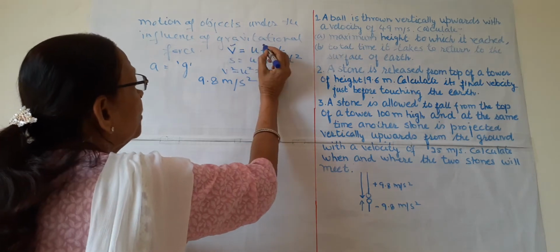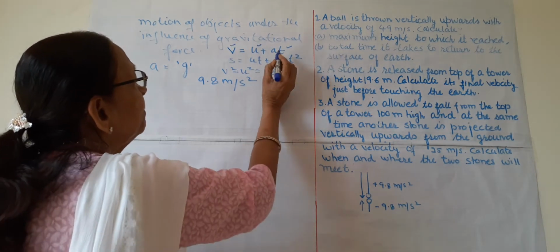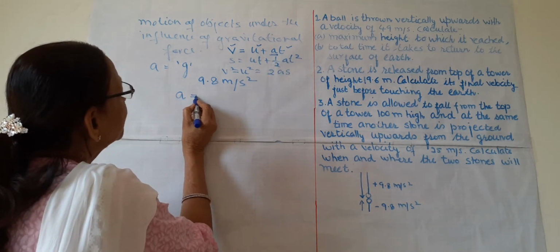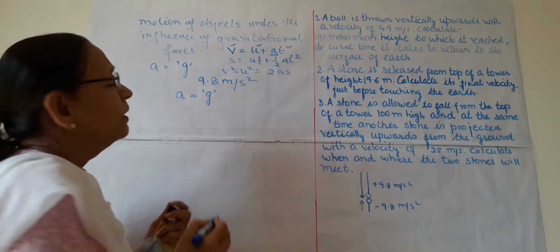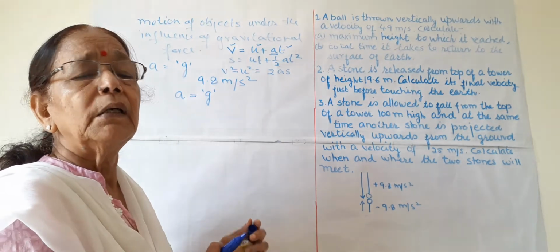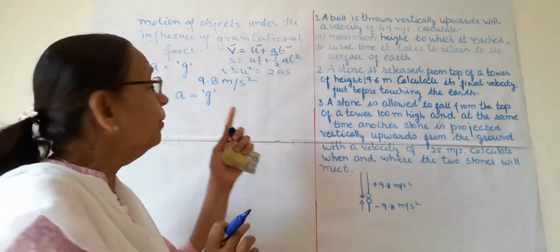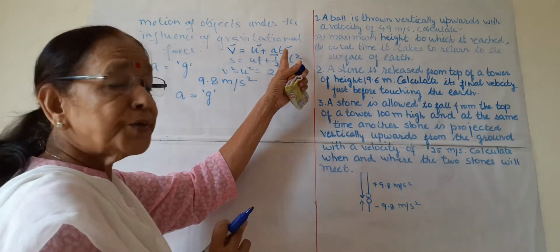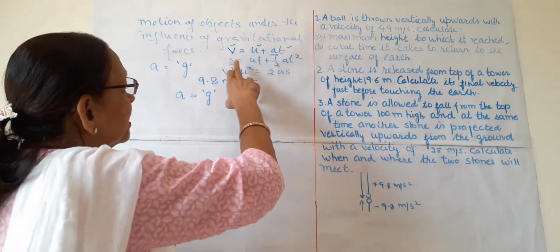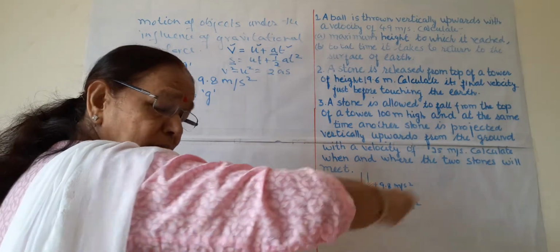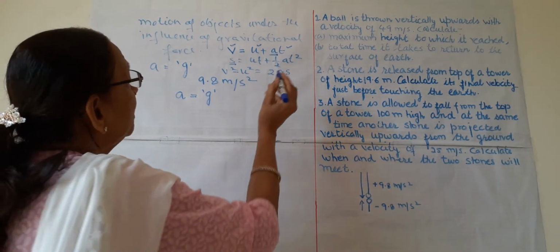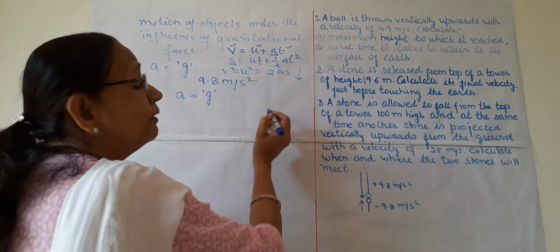v is same, u is same, time is same. This a is changed. The normal acceleration a is changed to the letter small g, because g is the acceleration due to gravity. And one more thing, this displacement. Normally in these equations it is horizontal displacement, but here under gravity the displacement is vertical.